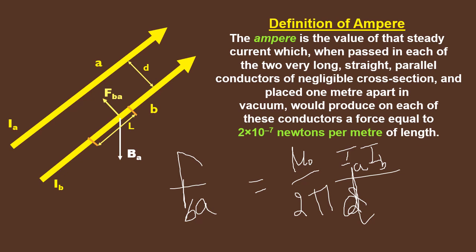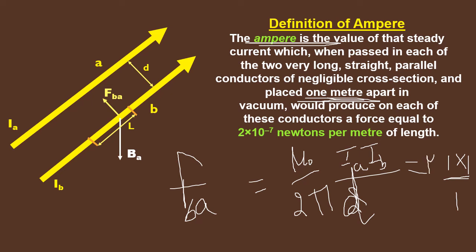So if we take the two currents IA and IB equal to 1 ampere each, and we place them 1 meter apart as mentioned in the definition, so each has a current of 1 ampere and the two are placed 1 meter apart.